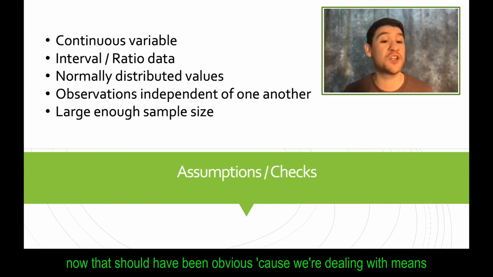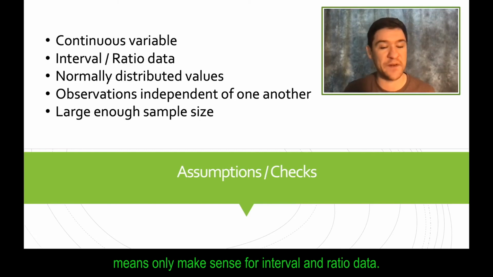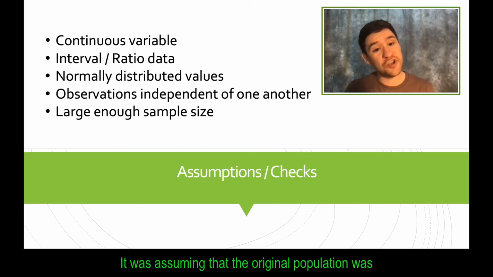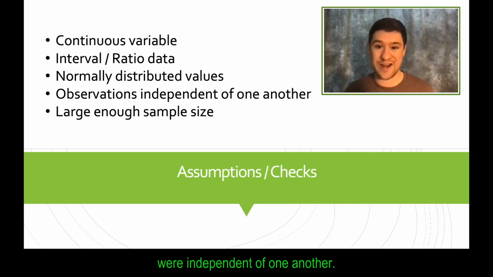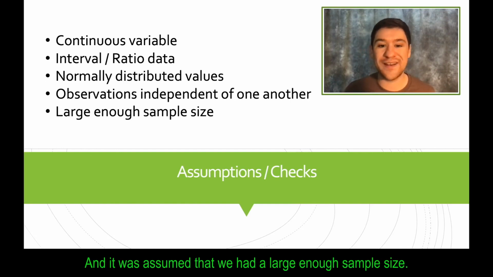Now that should have been obvious because we're dealing with means. Means only make sense for interval and ratio data. It was assuming that the original population was normally distributed. It was assuming that all our observations were independent of one another. And it was assuming that we had a large enough sample size.